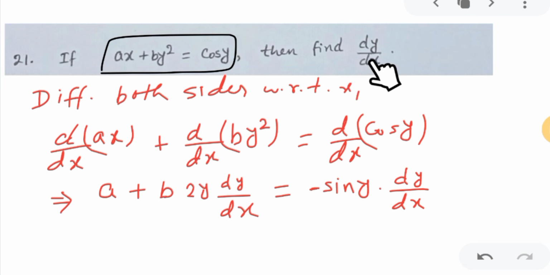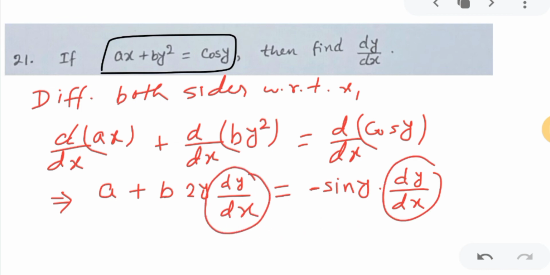So I will take the dy upon dx terms to one side. This term I will bring to the left side, because two terms contain dy upon dx, so both I will bring to the left side, and this a I will send to the right side.